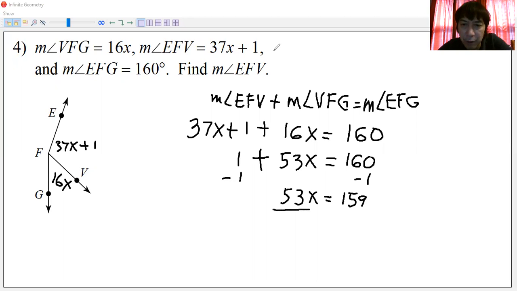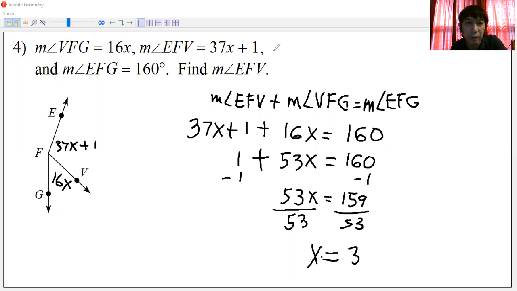So we're going to divide this by 53 and divide the right side as well by 53. And we shall get 3. X is equal to 3. All right, so x equals 3, and we will not stop here.